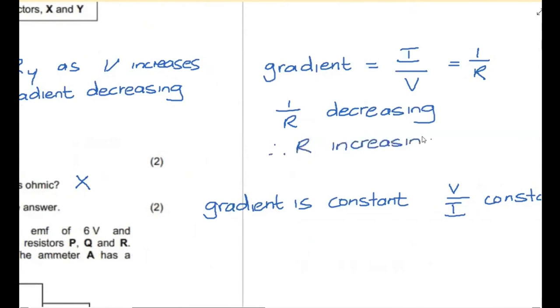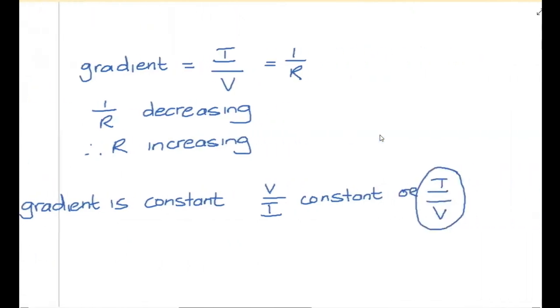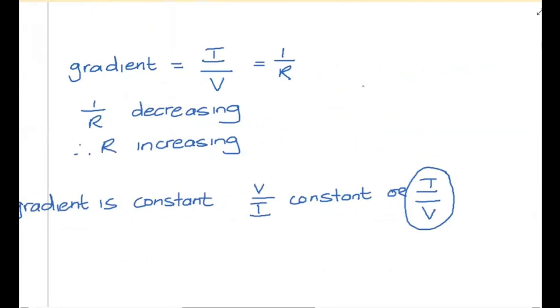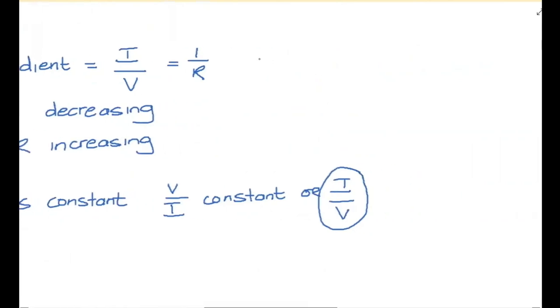Please tell me if this doesn't make sense, because then I'll actually give you numbers. If someone is unsure why, if 1 over R is decreasing, R is increasing. Just to show you, because as teachers we sometimes don't realize that numbers help. So if I look at this 1 over R, let's make R get bigger.